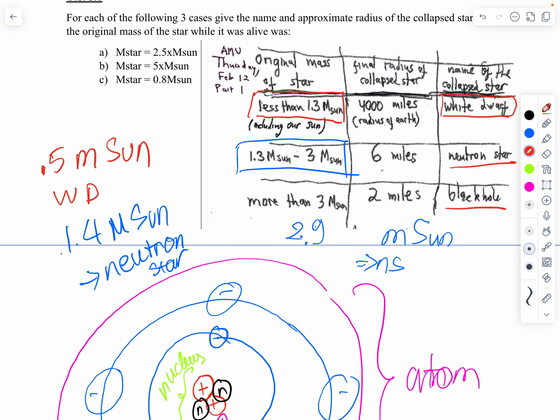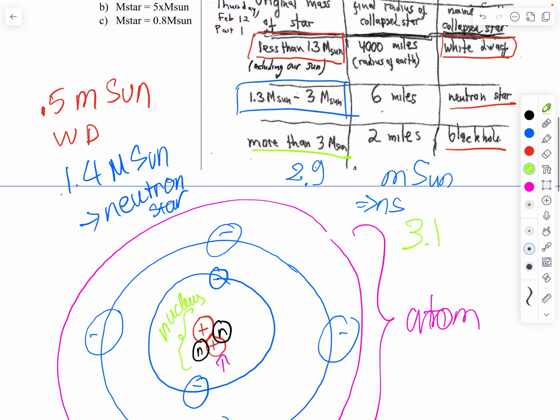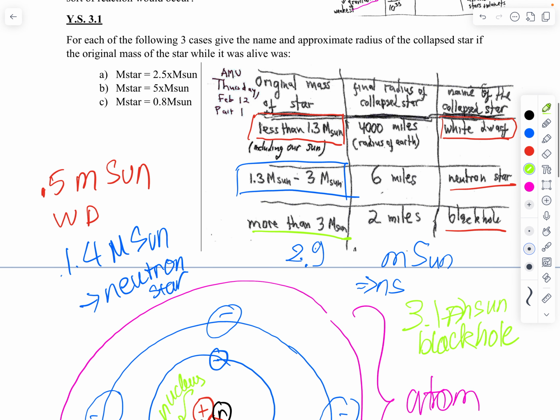And finally, if it's more than 3, let's say 3.1 mass of the sun, then it would be a black hole. Based on the identity of the collapsed star, the radius is always the same, it doesn't change, so you can look it up accordingly in the table.